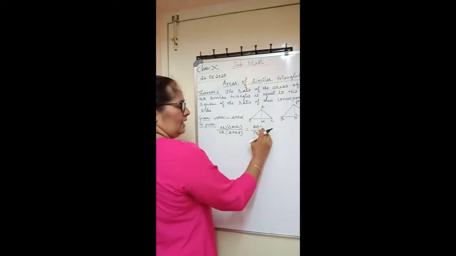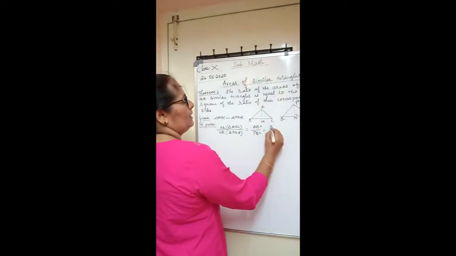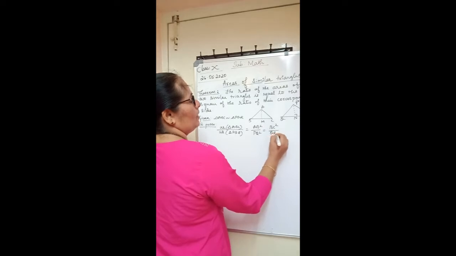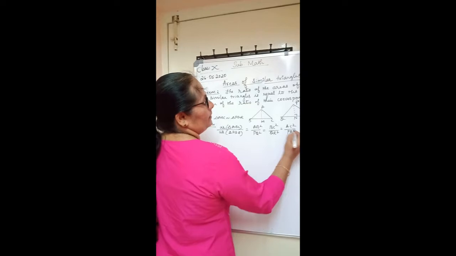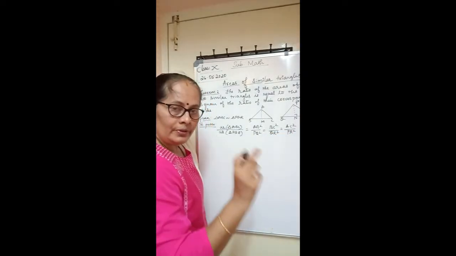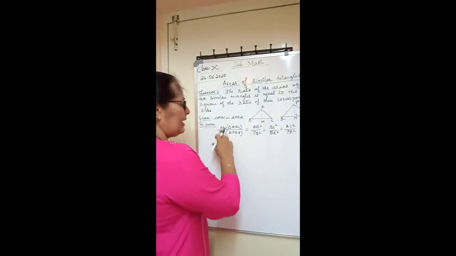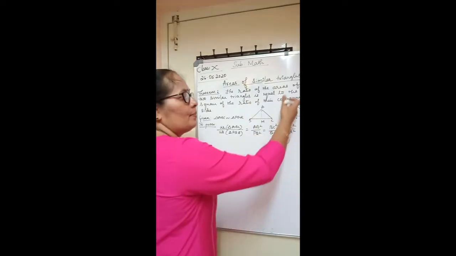That is AB square by PQ square, BC square by QR square, AC square by PR square. To prove this, to find area, we need to draw a perpendicular.